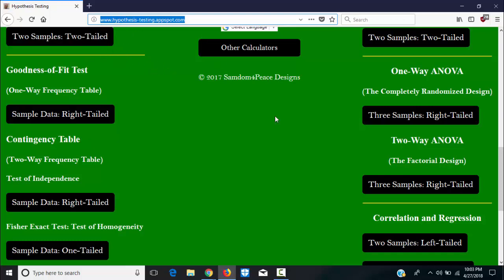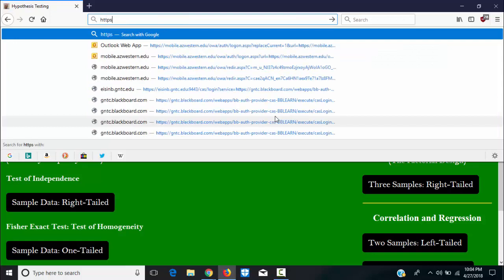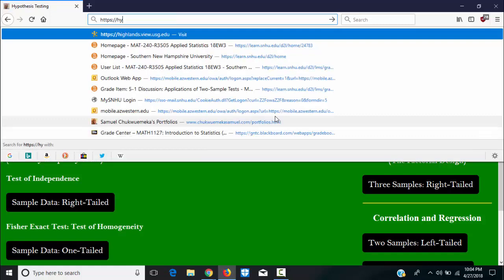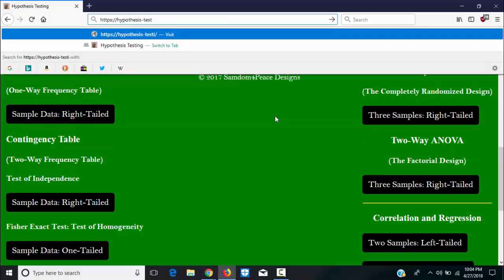And how can you make it a secure site? You type https, hypertext transfer protocol secured, then hypothesis testing.appspot.com.